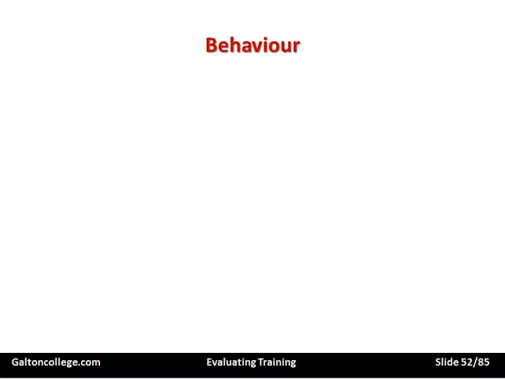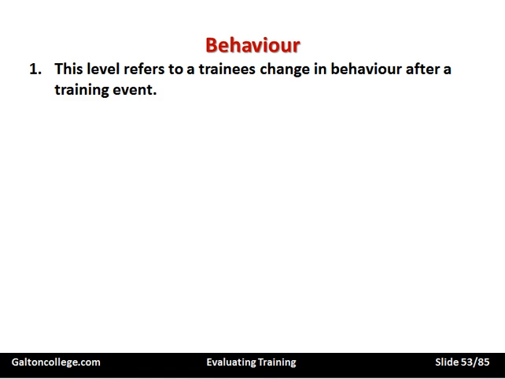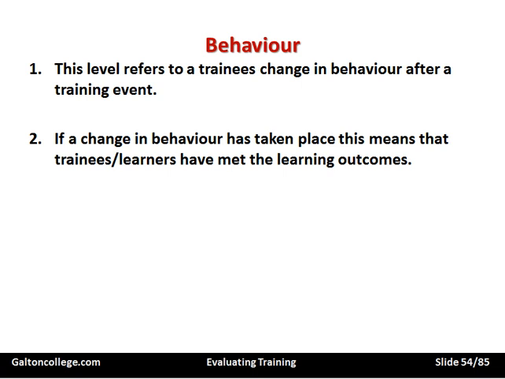Now let's move to behaviour. This level refers to a trainee's change in behaviour after the training event. So it's looking at the trainee after the event. Is the trainee different? If a change in behaviour has taken place, this means that trainees and learners have met the learning outcomes.